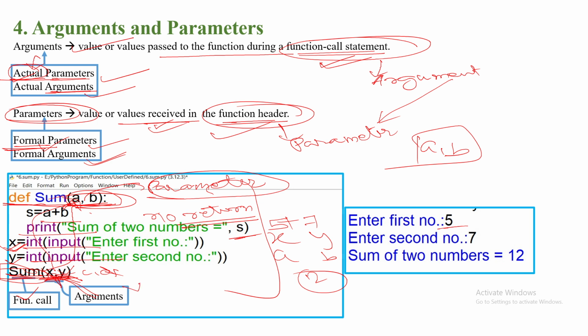Argument means whenever the function is called, at that time we say argument. But whenever the function receives in the function header, that is called parameters. But whenever the word actual is given, then it is called actual parameters or actual arguments. Suppose a function is given, and they ask in this function which one is the actual parameter. So which one is the actual parameter? x and y. This is the actual parameter, right?